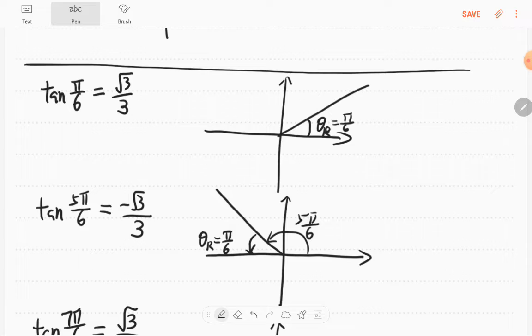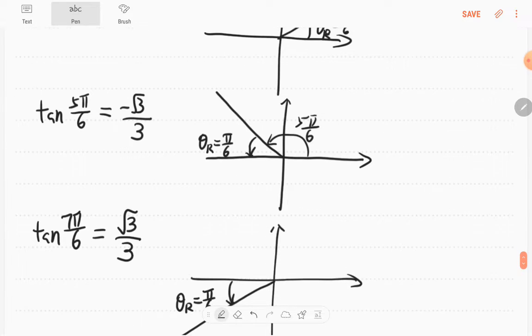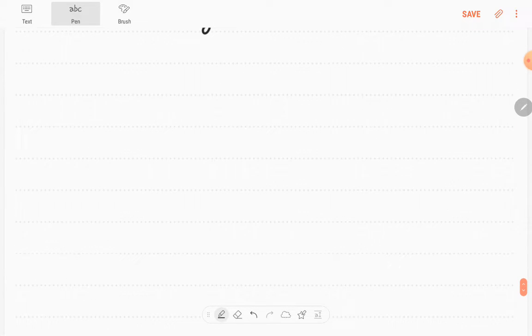Then you just determine if it's positive or negative. How to determine it? You use the quadrant of the terminal angle. We know sine, cosine, and tangent have different signs, positive or negative, in the different quadrants, right? So now let's look at the example. This gives you a very important piece of information.